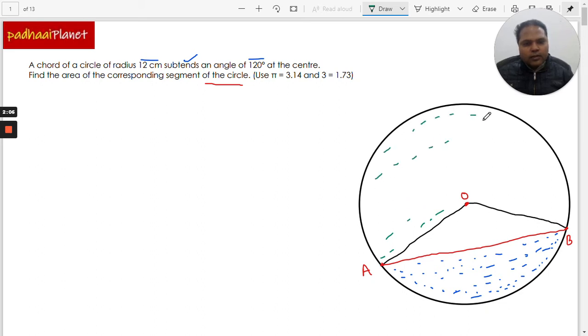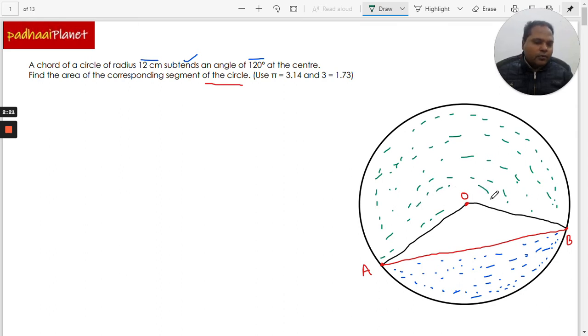This entire thing is the major segment, right? So we need to find out the areas of these two segments, right?